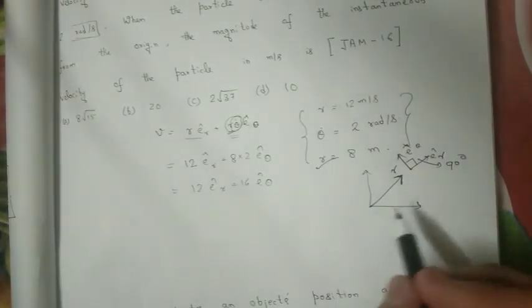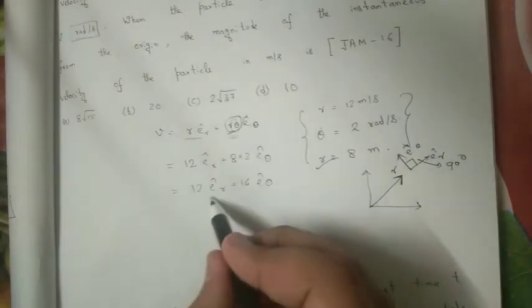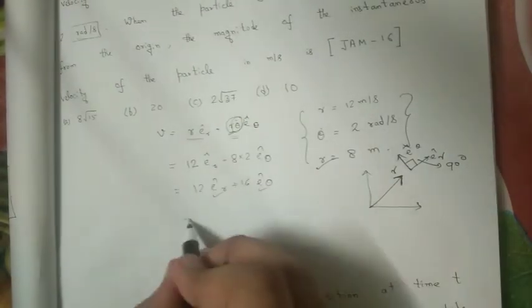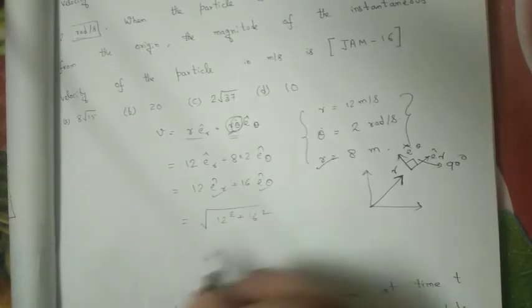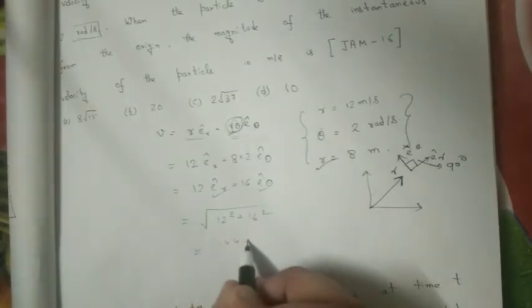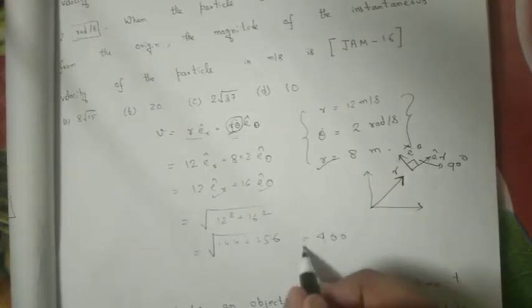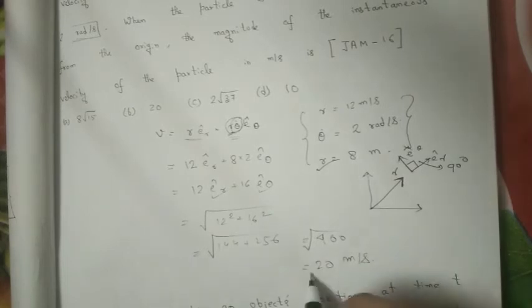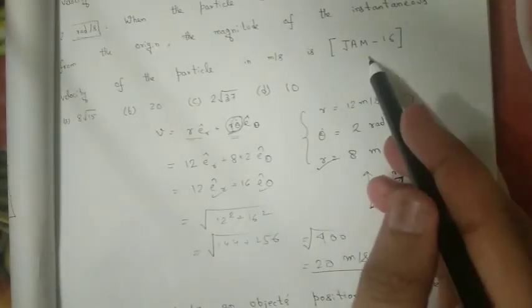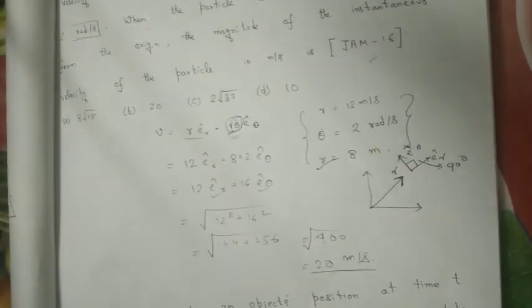If you need to find the magnitude, and these are orthogonal, you know from your vector algebra that it will be root of 12 square plus 16 square, which is equal to 144 plus 256 equals root of 400, and the answer is 20 meter per second. So it's a very easy problem. It came in IIT JAM 2016. You can easily do this. Hope the problem is clear to you. Let's go to the next problem.